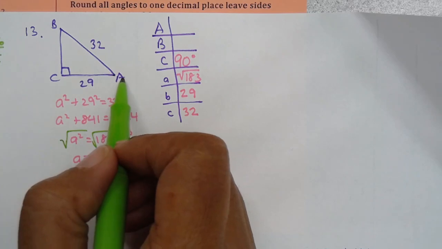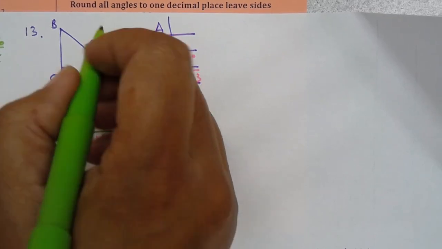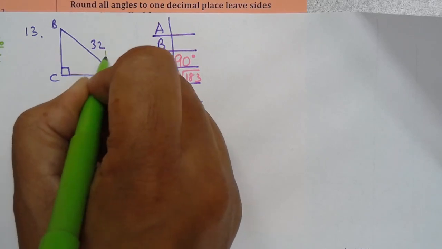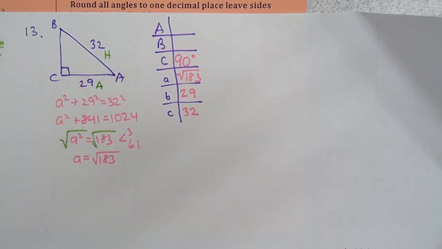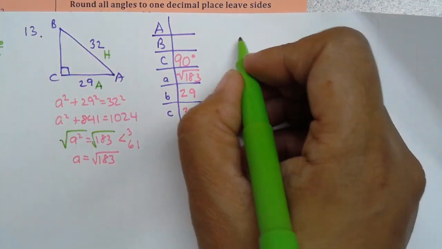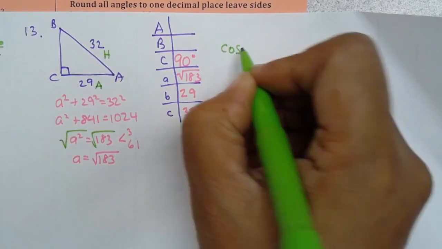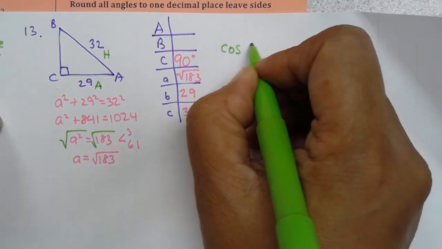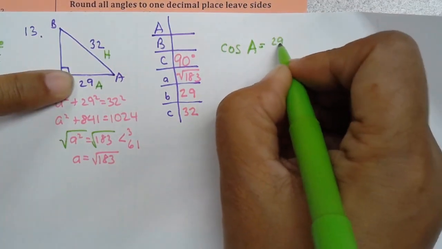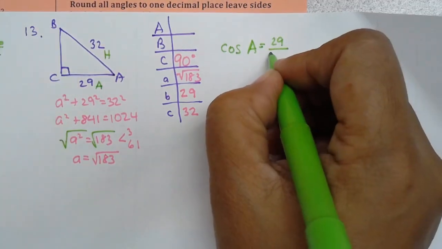So if this is angle A, this side right here would be the adjacent side. This side would be the hypotenuse. So let's set up the ratio. Which one uses adjacent and hypotenuse? That would be cosine. All right, cosine of angle A equals adjacent 29 over hypotenuse 32.